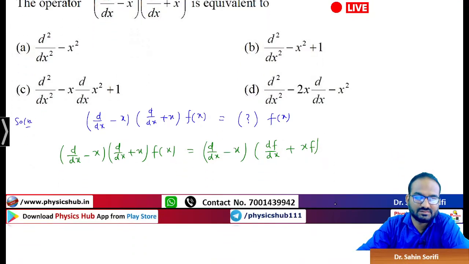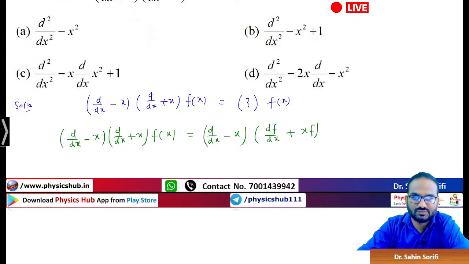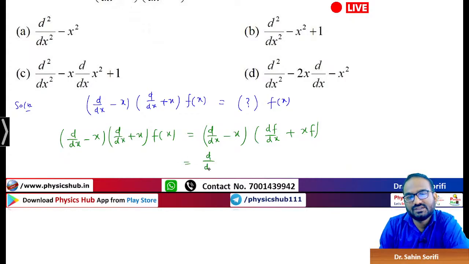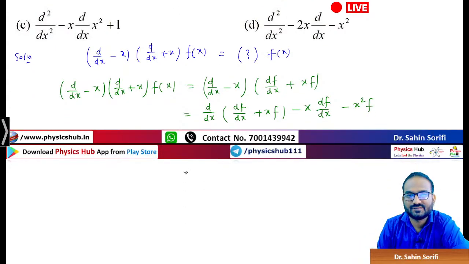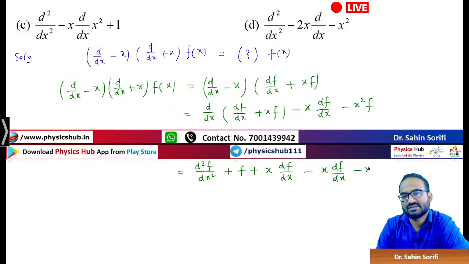Look, A will not come. Let me show you how. So this will give you d/dx applying on df by dx plus x into f, minus x times df by dx minus x square f. This is equal to d square f by dx square plus dx by dx is 1, so f, plus x times df by dx minus x times df by dx minus x square f.